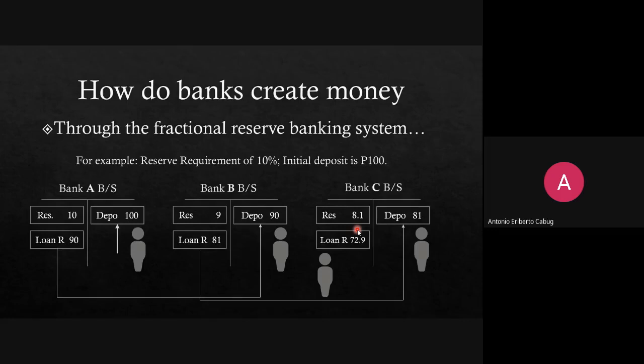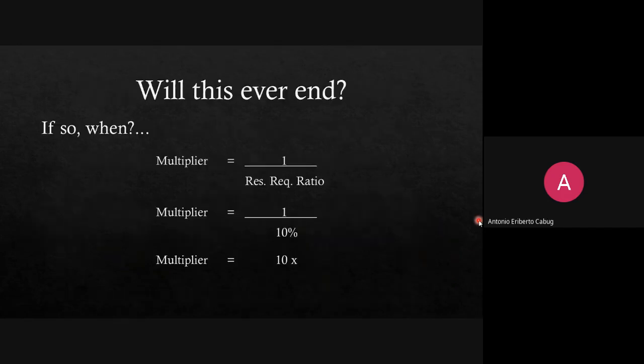But once they reach a certain number of branches, they are already unstoppable. So, that is the problem. Banks create money out of thin air. So 100 plus 90 plus 81 to be followed by 72.9. Okay, that's the problem. So, will this ever end?